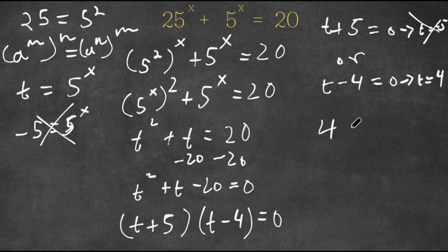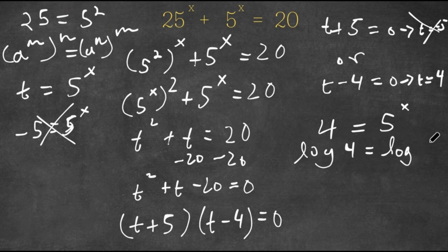So now we have 4 is equal to 5 to the power of x. Now I'm going to take the log on both sides, so I have log 4 equals log 5 to the power of x. And then this would get me to log 4 equals x times log 5.